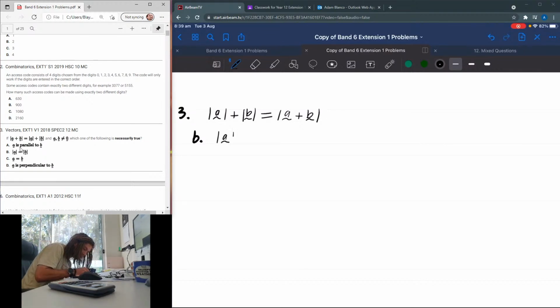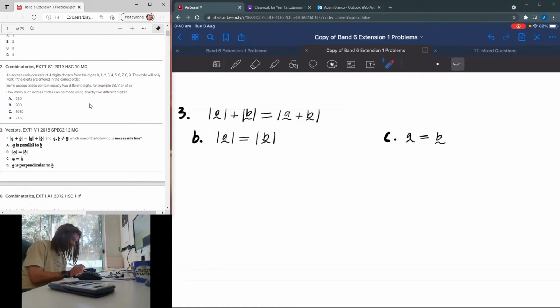So A, let's pretend these things are equal. So that's B, isn't it? Yep. And we'll do C as well. So C is going to be like the case where A is equal to B. Okay. Alright, so in order for these two moduli to be the same, I basically just need the absolute value of everything to be the same.